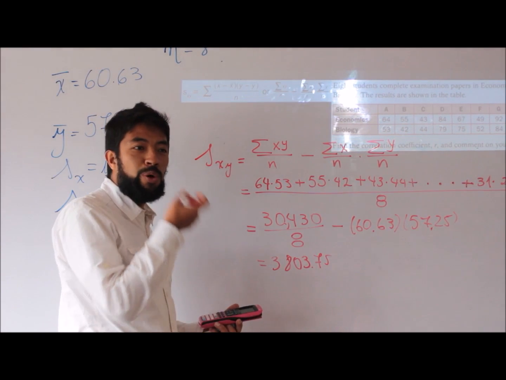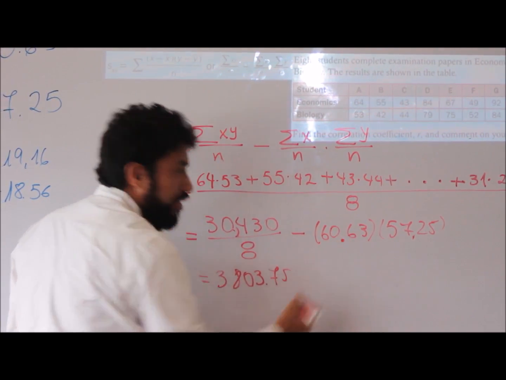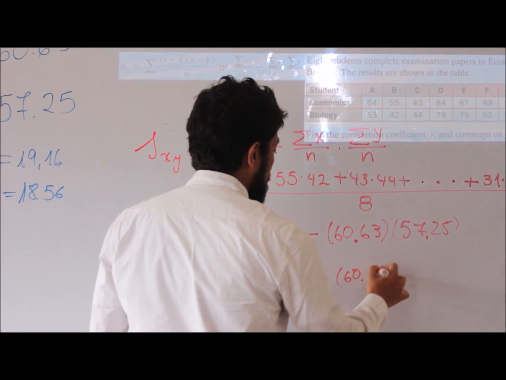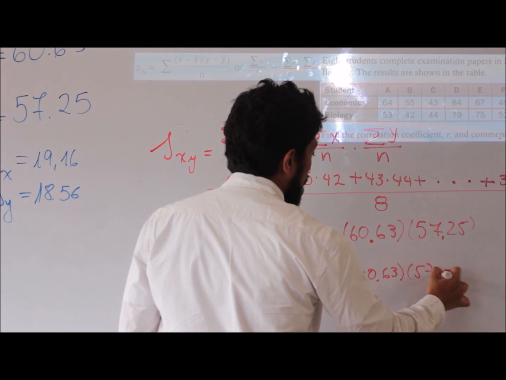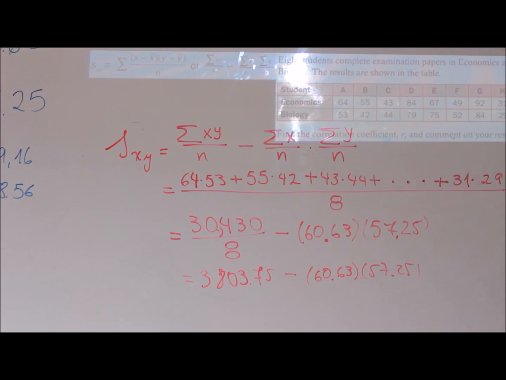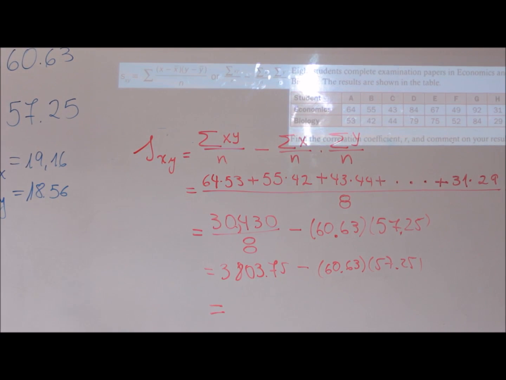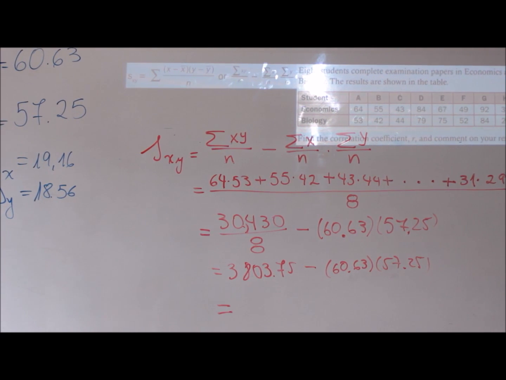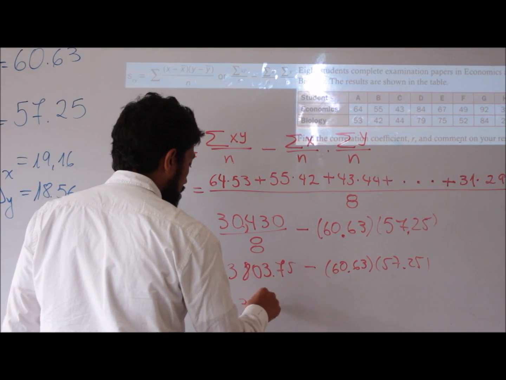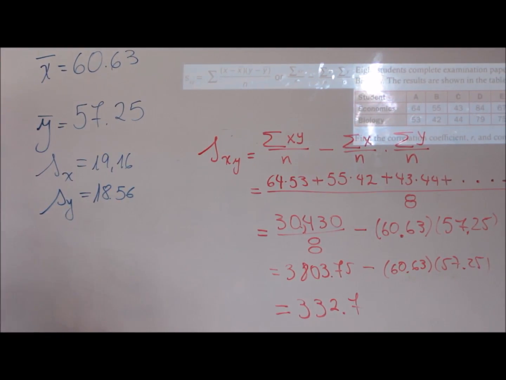This is not a decimal point. 3,803.75. And finally, that minus the product is 332.7. Tell me, 332.7. 332 and 7. And I will write it here.